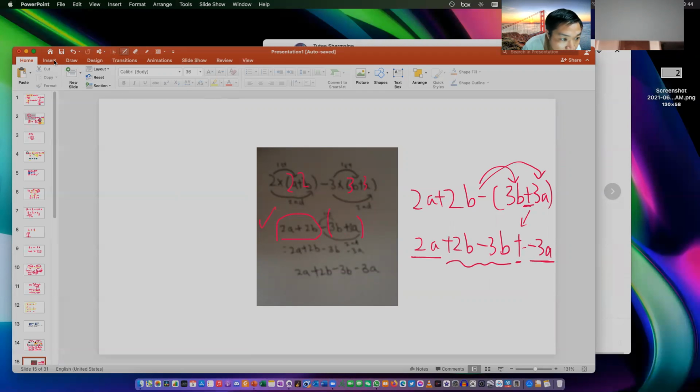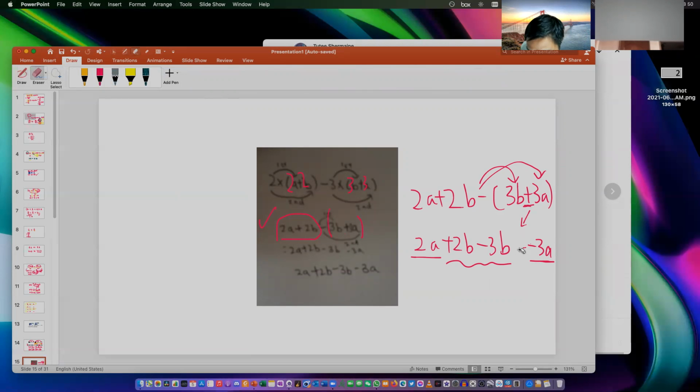So plus minus give you minus here. You combine similar terms: 2a minus 3a is minus a. 2b minus 3b is minus b. So this is the final answer. You did not combine similar terms.